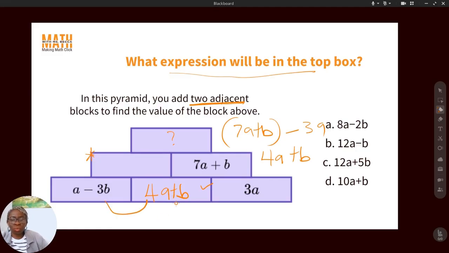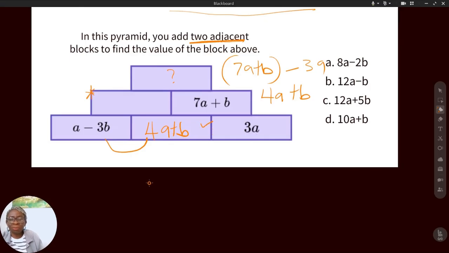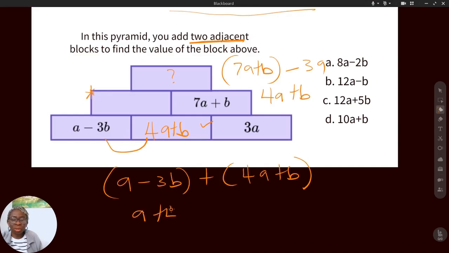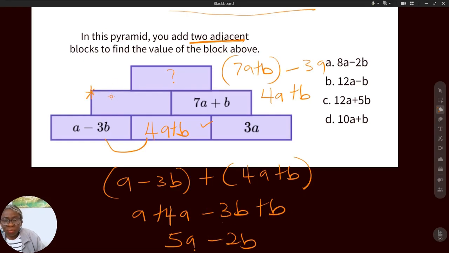So we are to add a minus 3b, then plus 4a plus b, and this gives a plus 4a then minus 3b plus b. This gives 5a, then negative 3b plus b becomes negative 2b. So the value of this block is 5a minus 2b.